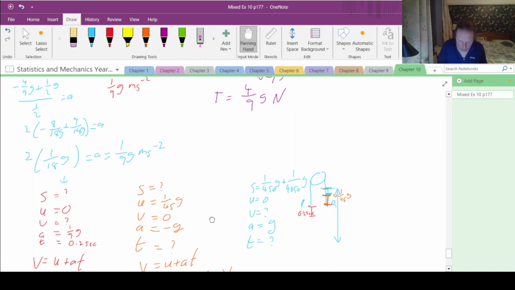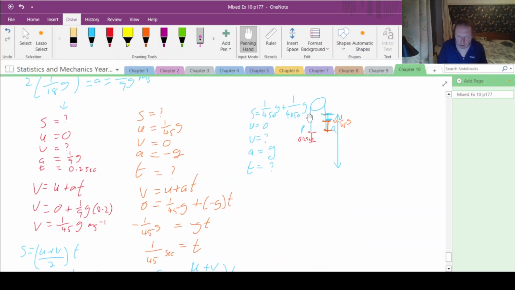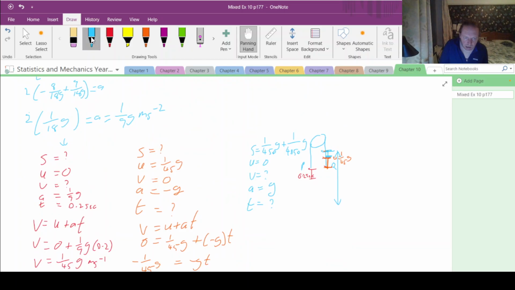Is that what it was? 4050 g, yeah, 450 g plus 2 for the 2 meter drop, and that all comes out as 4099 over 2025. Okay, that's when I've multiplied by the 9.8 as well.